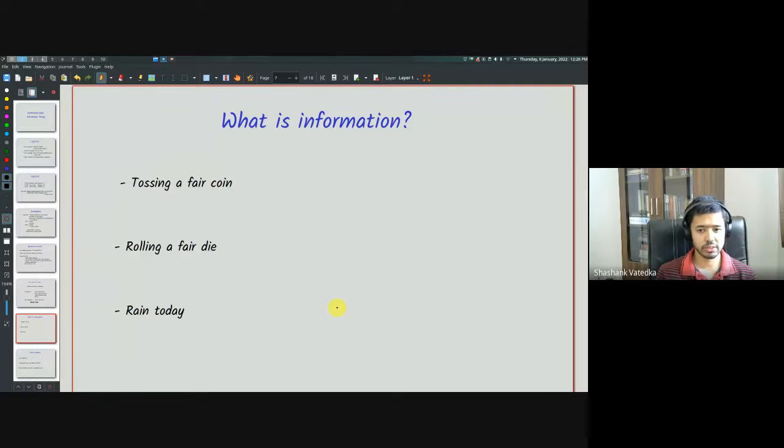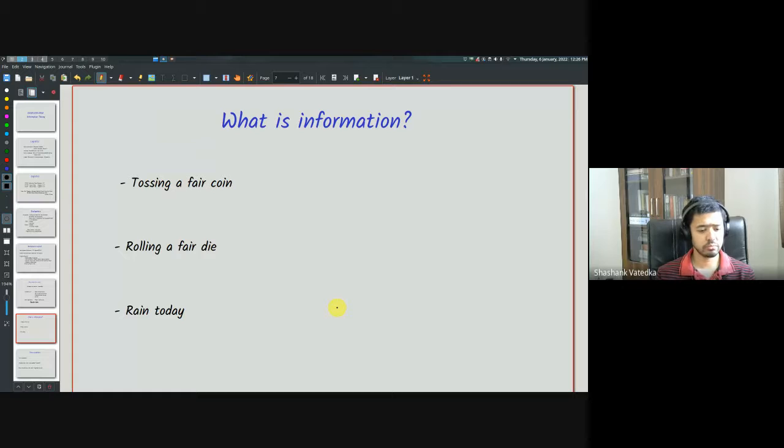Now, after I toss it and tell you that it's a head, you've got some information about the outcome of that particular event. This is what I mean when I say that I've given you some information. You've got information by seeing the outcome of this random experiment.